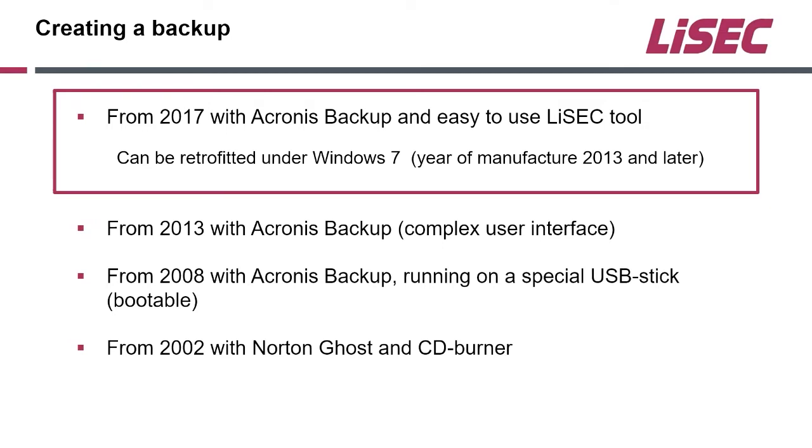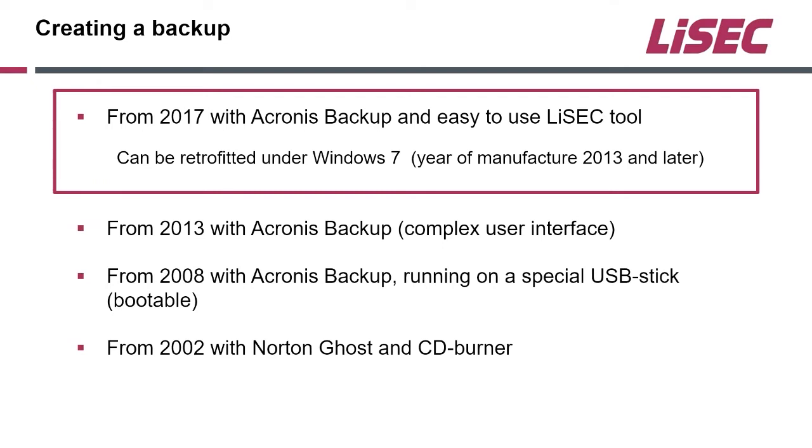From 2013, we used Windows 7, and we installed the Acronis software directly on Windows, with the complex user interface from Acronis. This is not really handy to use, but we have it all in the operation manual.